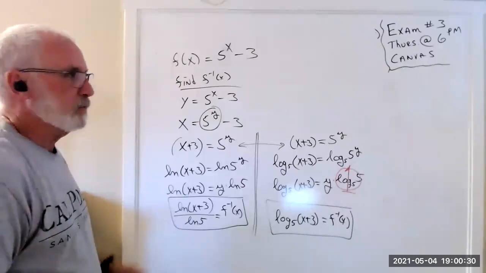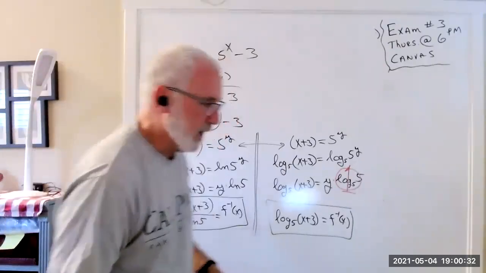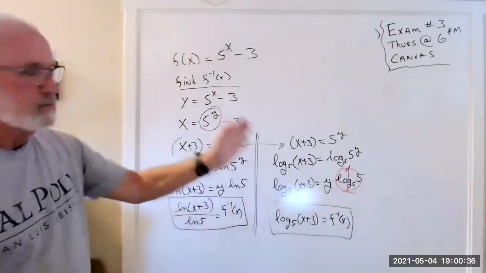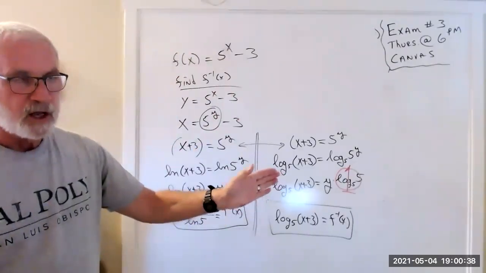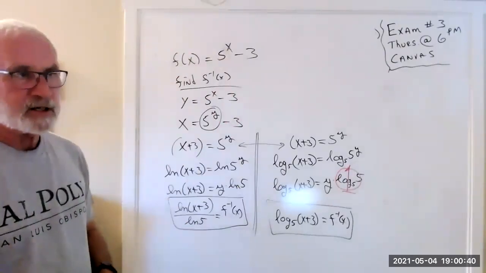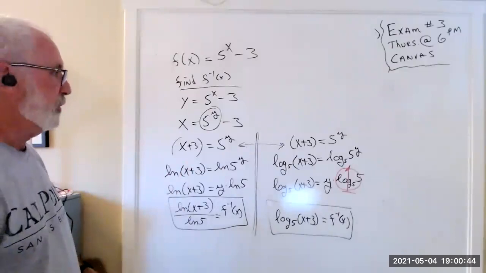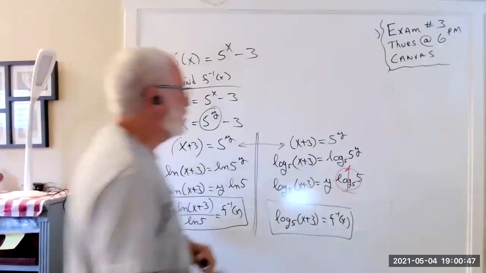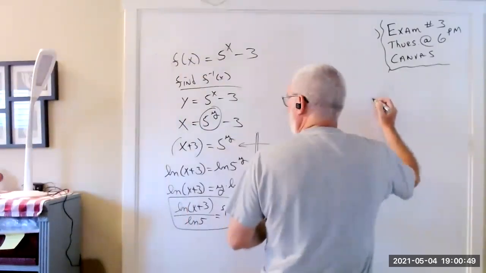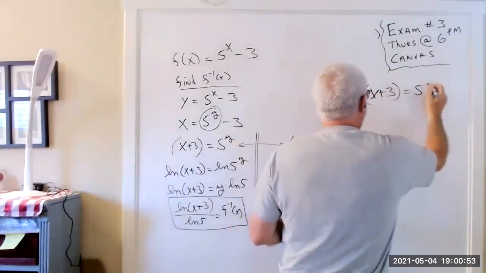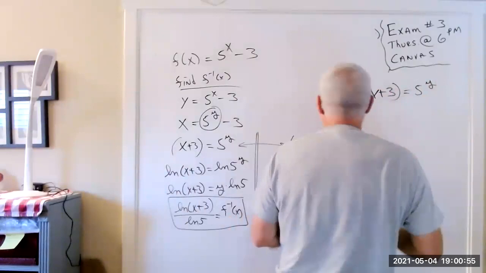Perfectly correct. I want to show you a third way. And then I'm going to say, I don't care which one of these methods you use. Just get it right on the test, because I would accept any of these answers that I'm going to show you. So from here, we have x plus 3 equals 5 to the y power.